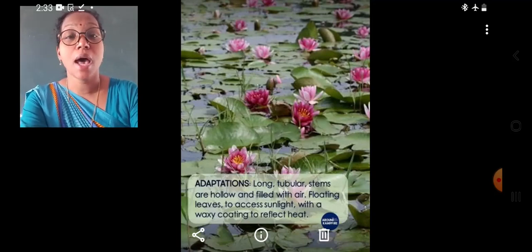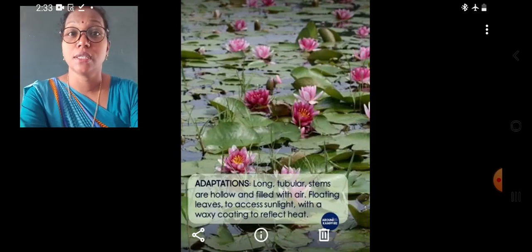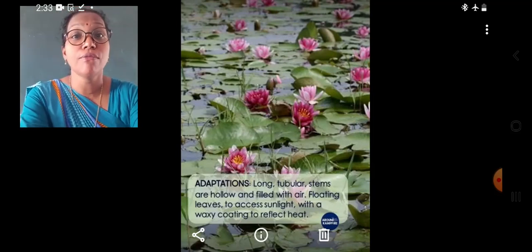The stem has air cavities that help to live in the water. The stem is thin and has air spaces. This stem helps to resist the movement of water where they live.